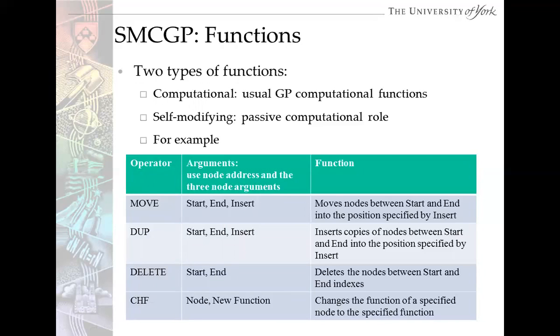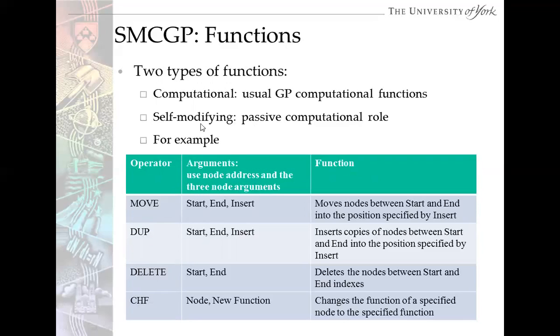So in SMCGP, as we've discussed, there are 2 types of functions. There are computational functions, the usual standard CGP computational functions, and there are also self-modifying primitive functions, which are only passive computationally. They just typically pass through their first input, don't do anything to it.